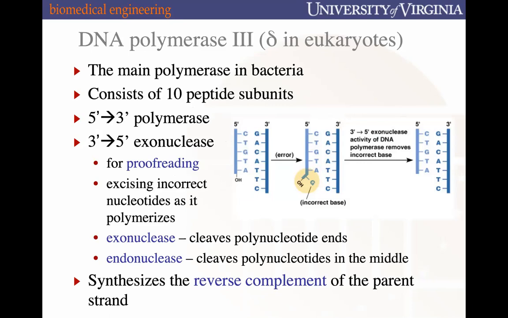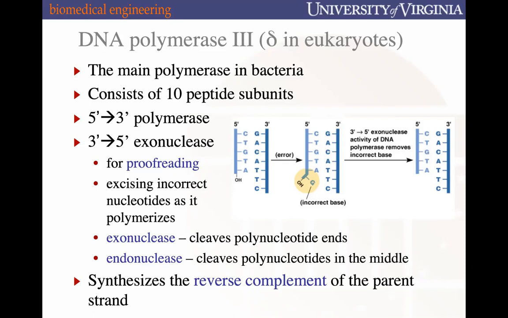This is the main polymerase in bacteria, and it's a large multimeric enzyme that consists of multiple peptide subunits. What's really important to know is that, as we've described already, it mediates polymerization or replication in the 5' to 3' direction.